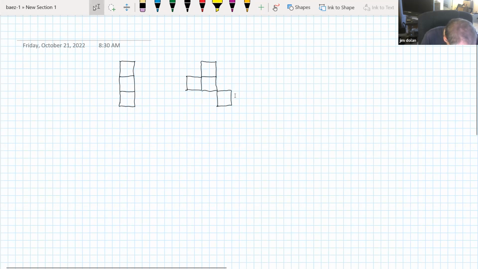I guess I'm trying to give generators for the lattice here. So maybe that's the origin, and these are the generators of the lattice. You can see there's an isosceles triangle there, the basic unit of the lattice. It's a fundamental domain for the lattice if you include reflections.